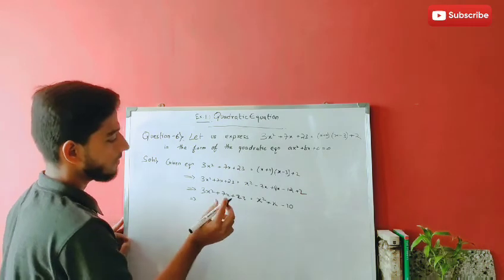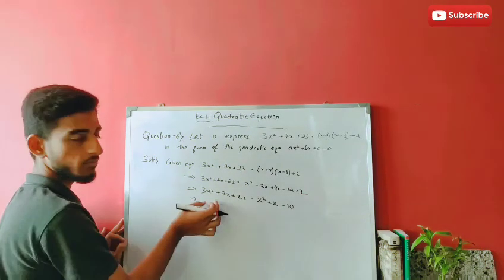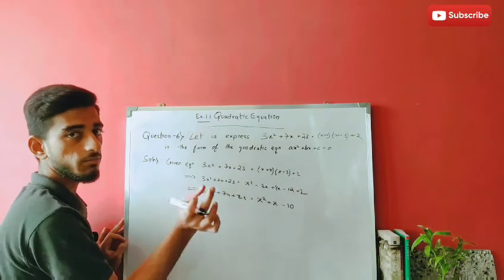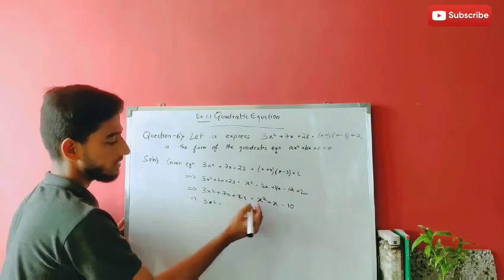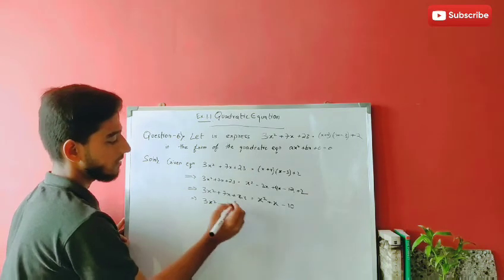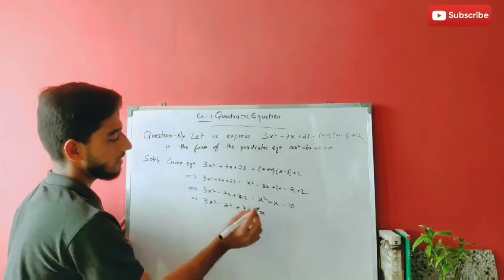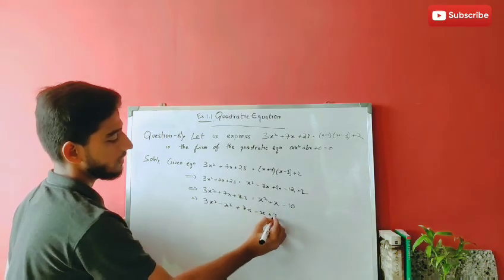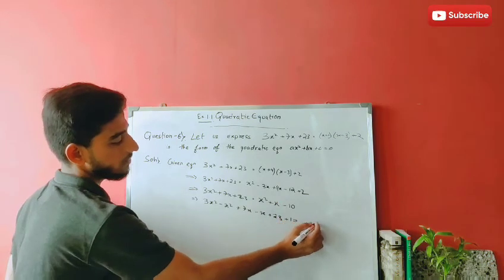So then here we have x square greater, so all the things will come over here, because we need x square in positive. 3x square minus x square, then plus 7x, then we will take this minus x, which is 23, then this will come over here plus 10 is equal to 0.